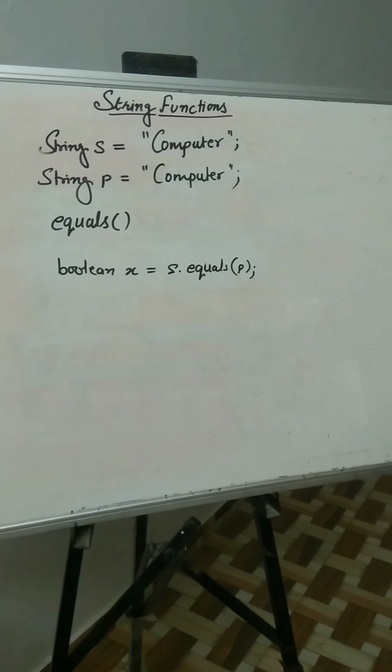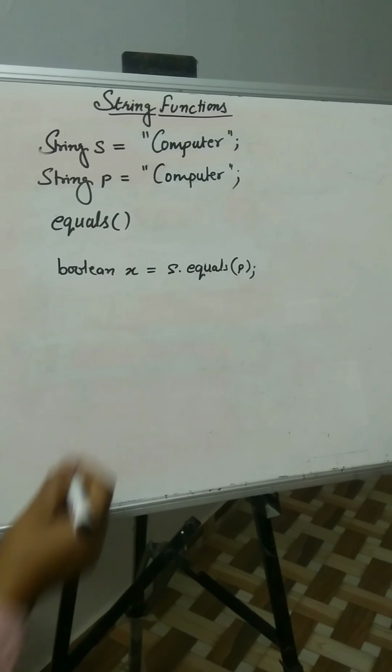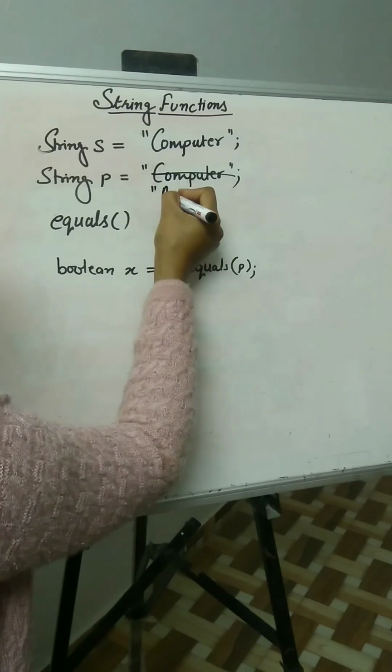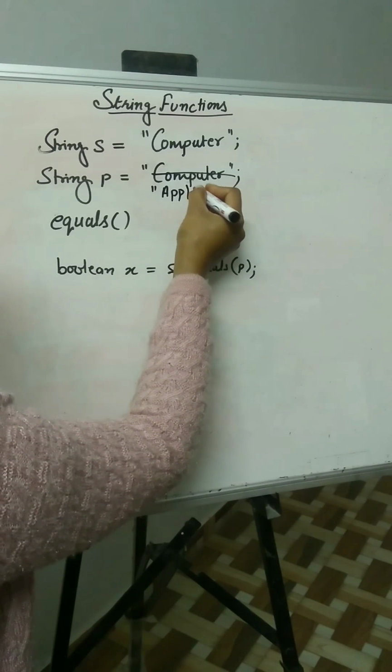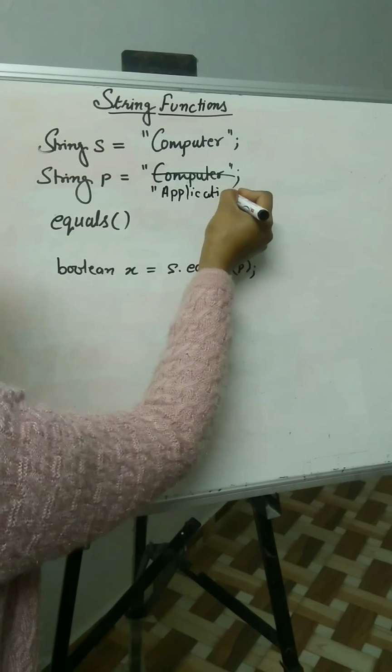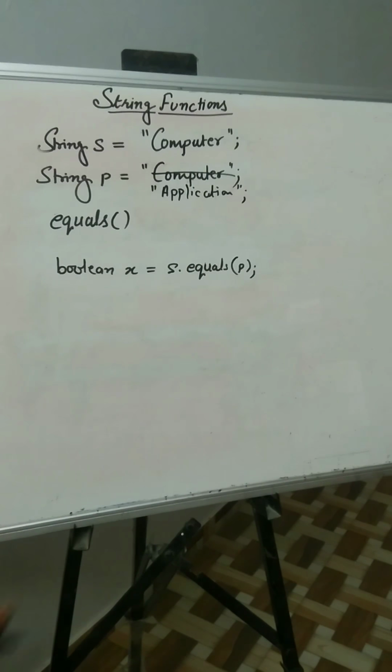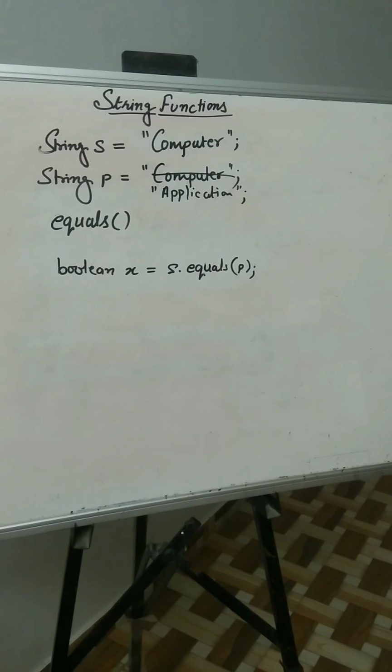Suppose if we are storing not computer but application in the P variable, then this result will be false because computer and application are not identical.